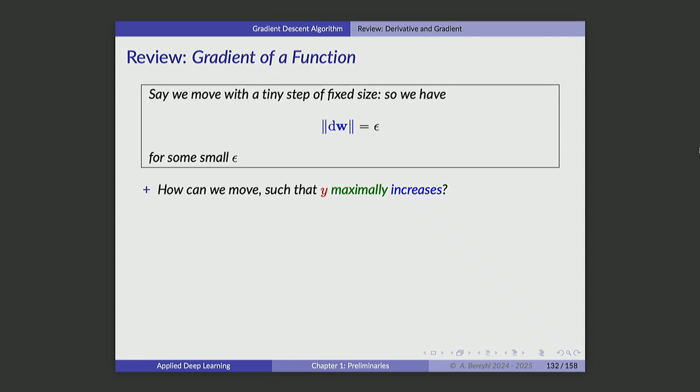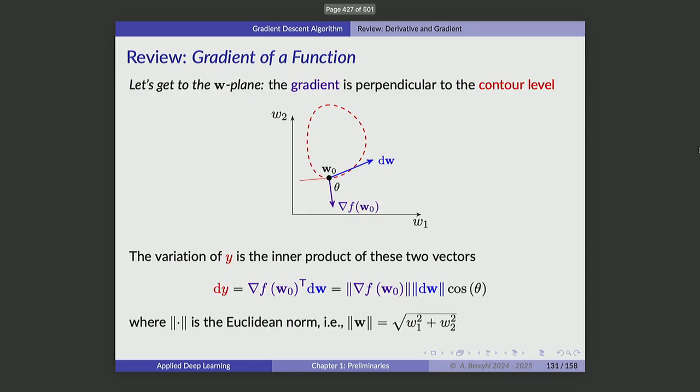Now my question is which direction should I choose, which theta should I choose to have the most increase in my function? Can you tell me what it should be? Just look at this here. If I put this blue dw norm to be epsilon, this is something constant. The norm of the gradient I have computed is constant, right?